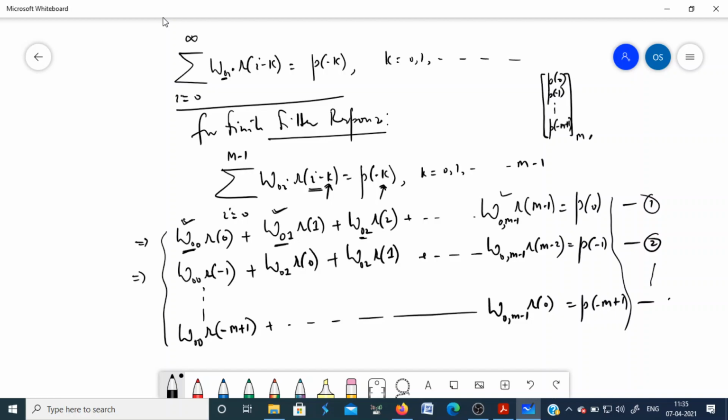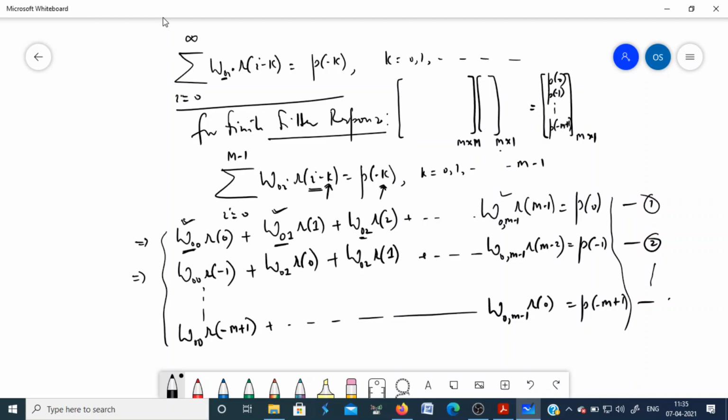This is an M cross 1 vector. On the left side, you will have a multiplication of a matrix which is M cross M, with an M cross 1 vector, isn't it?